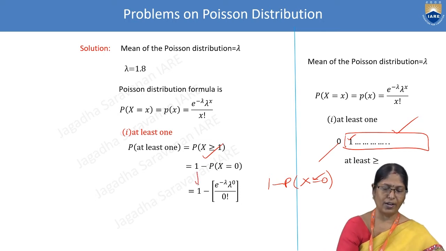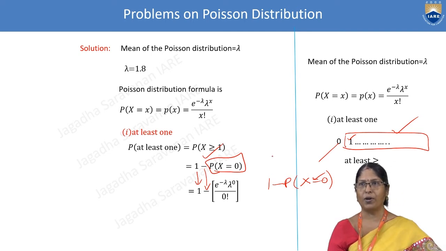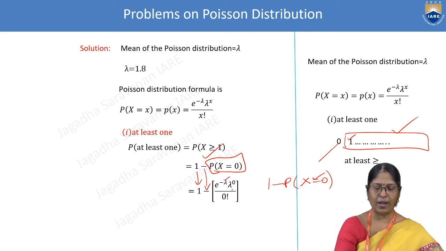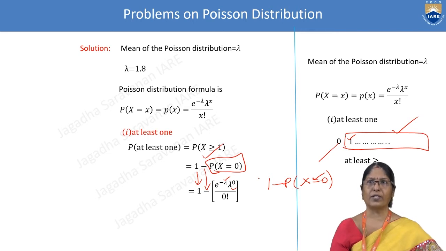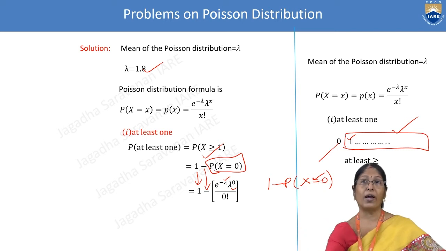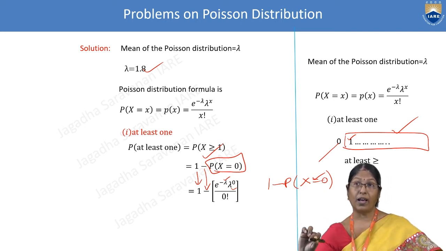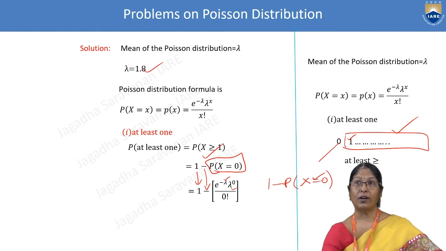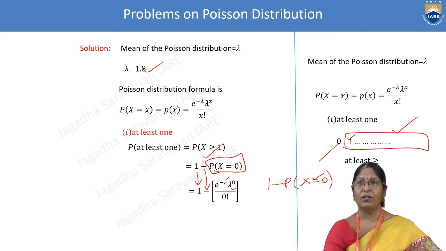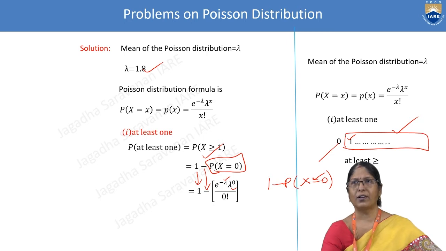So 1 is written, minus is written. Here we are going to apply the Poisson formula. In the Poisson formula, lambda is as written. Finally, we will substitute lambda, which is given in the question, that is 1.8. That is also one of the reasons: in the question, the average is given. Immediately our mind decided we can apply Poisson distribution. Many calculations we did in our mind, and finally we decided, yes, we can move towards Poisson distribution.